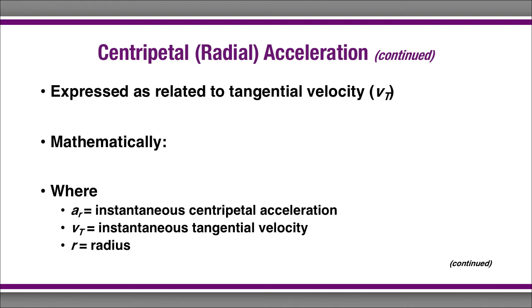Radial acceleration related to tangential velocity is represented by a sub r is equal to the tangential velocity squared over r. So in this case, the relationship between radial acceleration and tangential velocity, conceptually, is a little bit different.